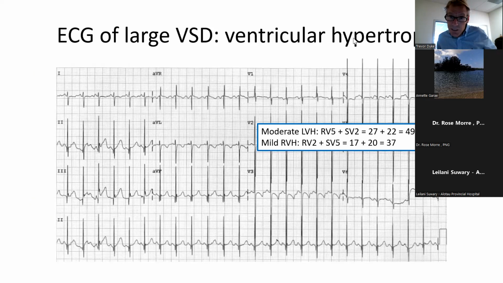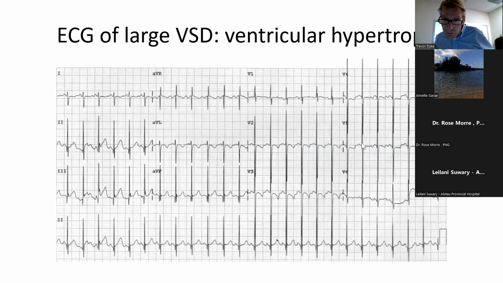So in this case, what you should do is add up RV5, so 5, 10, 15, 20, 25, probably 27. Then SV2: 5, 10, 15, 20, maybe 22 there.